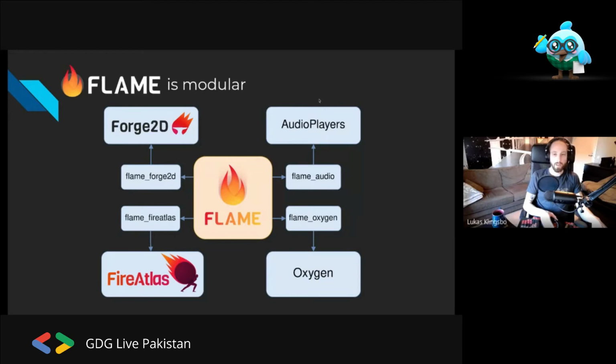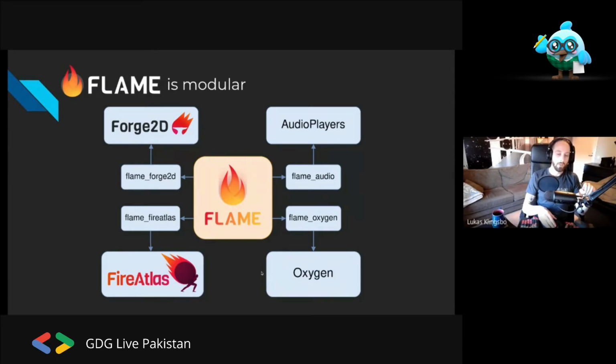And we have audio players for if you want to play audio in your game, which you usually do. And Flame Fire Atlas, that's a tool for building sprite animations. It's pretty cool. And then we have Flame Oxygen, which is this system that I talked about earlier. Flame usually uses FCS, which is Flame Component System, but then we also have an ECS implementation, Entity Component System, and that is Oxygen.